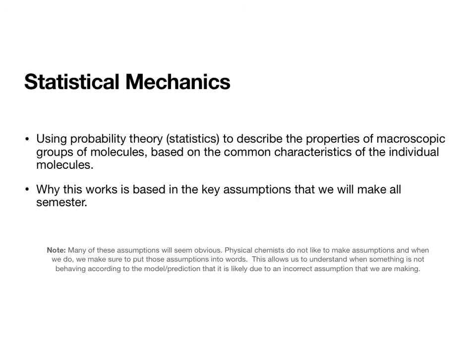Okay, so statistical mechanics is using probability theory or statistics to describe the properties of macroscopic groups of molecules. Remember in the last video we were talking about how one molecule of benzene behaves differently than a container, a beaker, hopefully not a beaker, a flask with a sample of benzene.